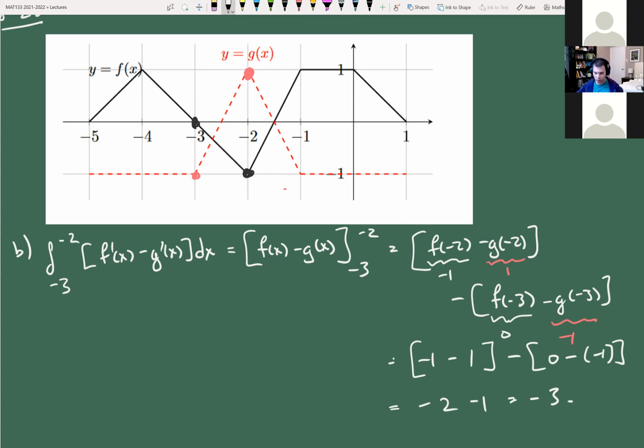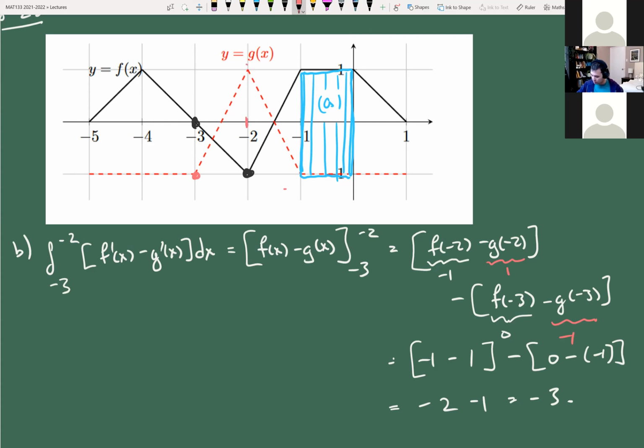Can I color the 2 by 1? Sure. So from part A, this is the 2 by 1. G of -2 is positive. Yeah. So G of -2 is right here, right?